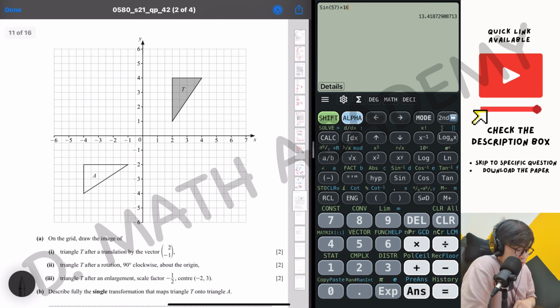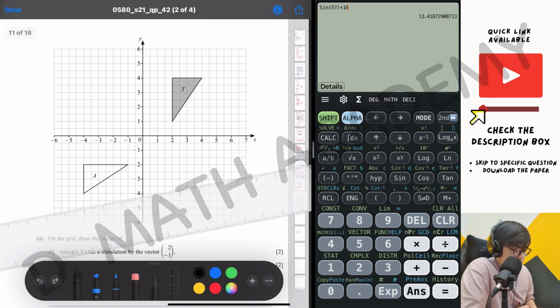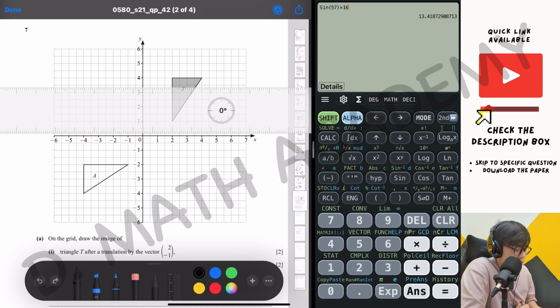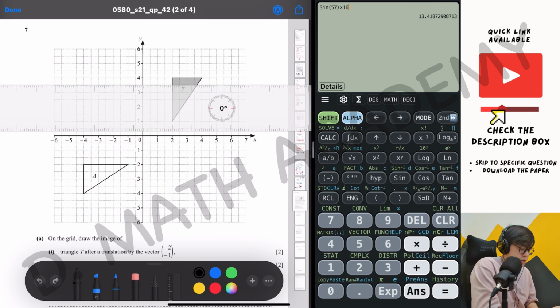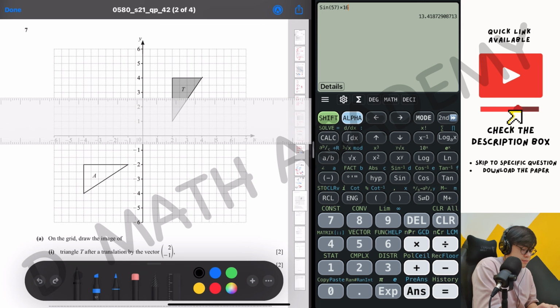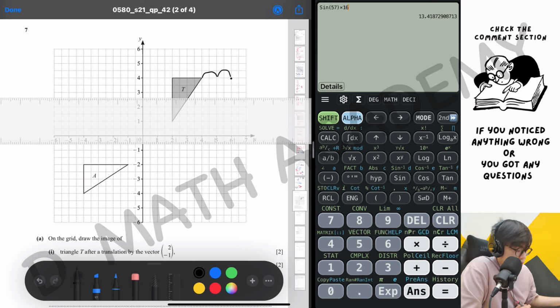So moving on to the next part, our question 7 here. They wanted a translation with a vector of (2, -1). However, there's a trap here. If you look closely at the gap of the numbers there, you will notice that shifting 2 steps is not enough. You need to shift it 1 step, 2 step, because this is how the vectors go.